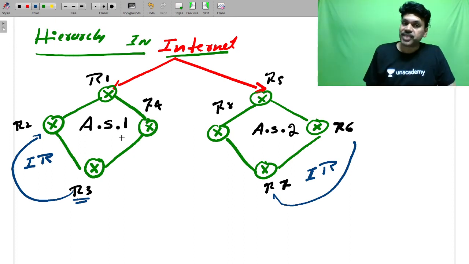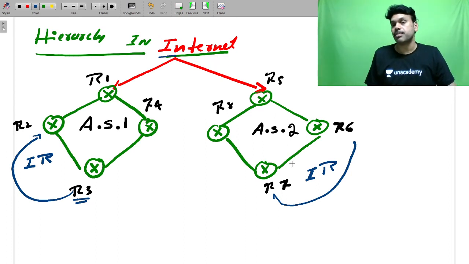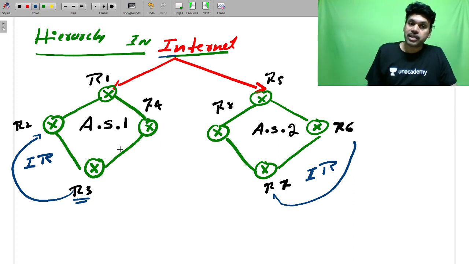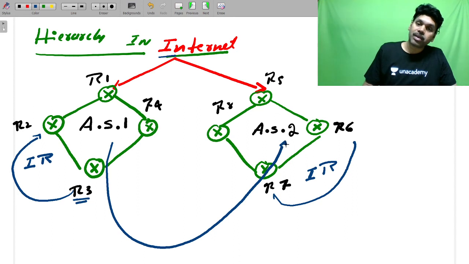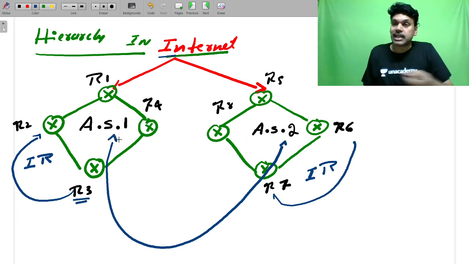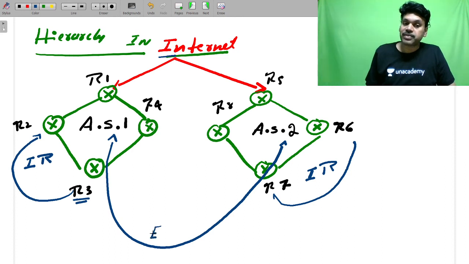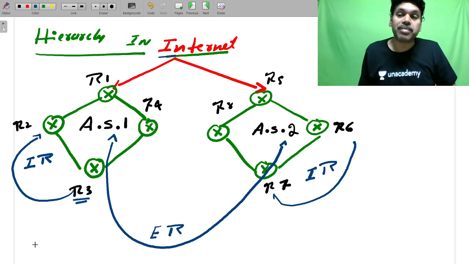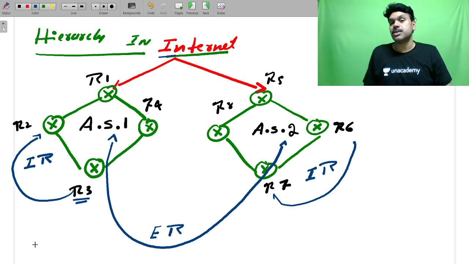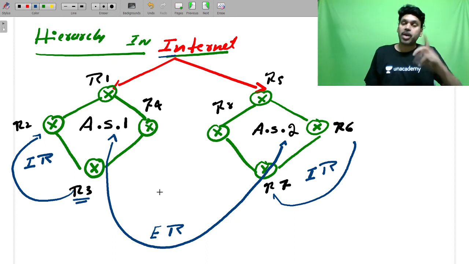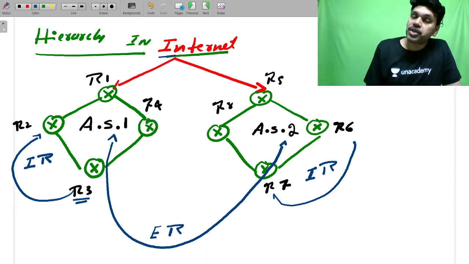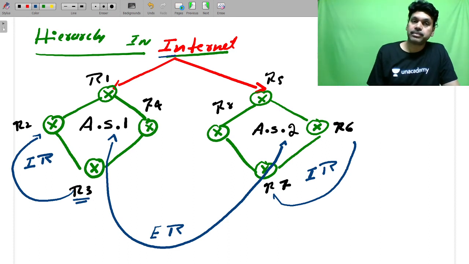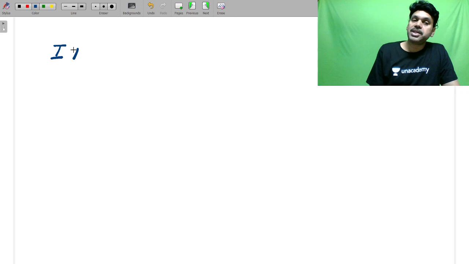Now, this autonomous system, with the help of the internet, wants to communicate with other autonomous systems. If you want communication like this, there is a requirement for exterior routing. Exterior routing is the routing between two or more autonomous systems. Okay. Now, if you want to use interior routing, what is interior routing?